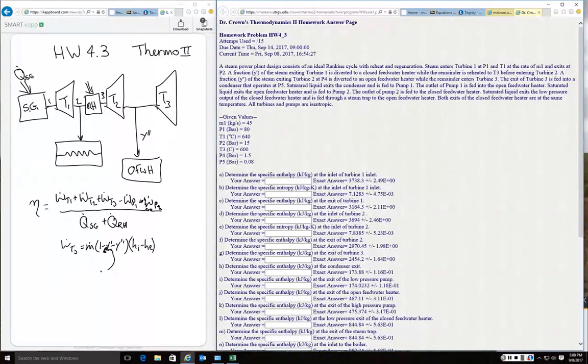The Q for the reheat would be m dot. In that case, at the reheat, we have y prime already taken off, so we've got 1 minus y prime, and it's going to be H exit minus H inlet if we want that to be a positive value.